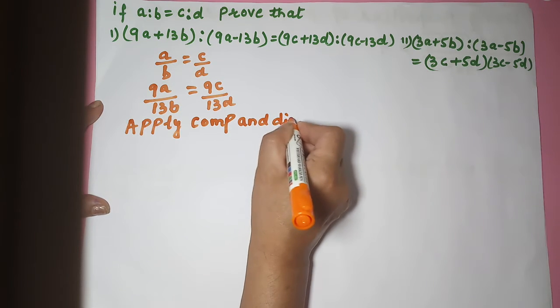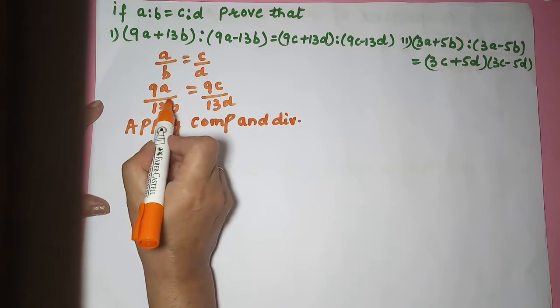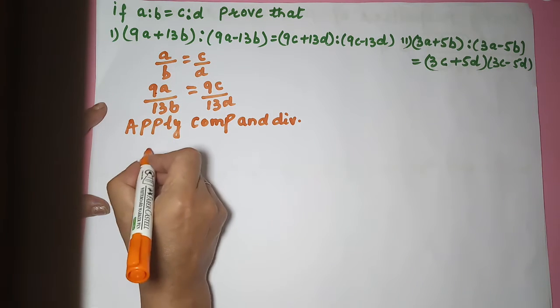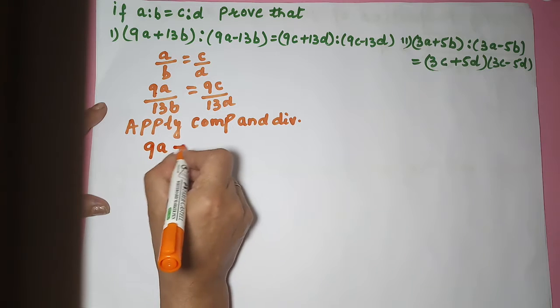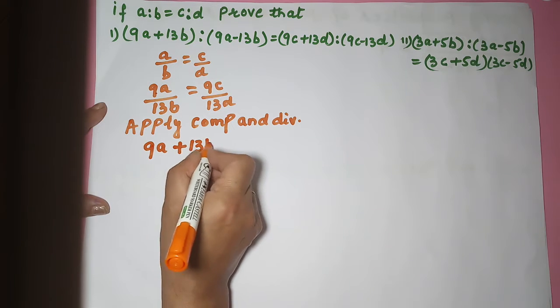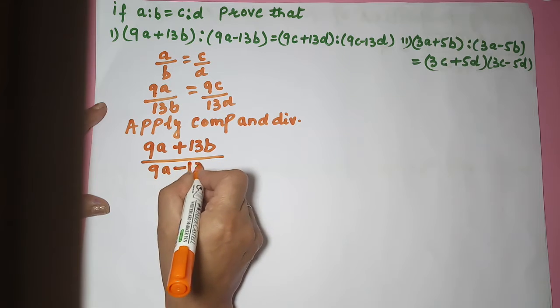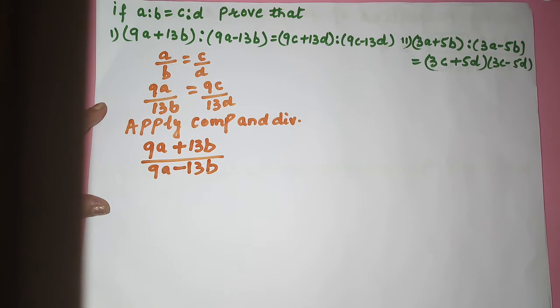So when I am applying the componendo and dividendo, it means numerator plus denominator, that means 9A plus 13B upon numerator, that is 9A, minus denominator. That's how I apply the componendo and dividendo.